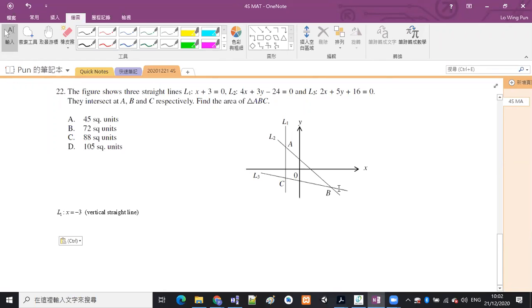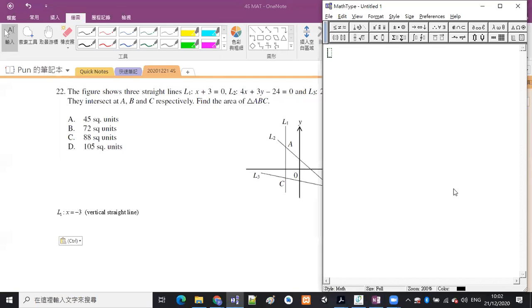So we need to find the coordinates of the points A, B, and C first. Okay, A and C are the intersection points of L1, L2, and L1, L3 respectively. So I'm going to solve for them.